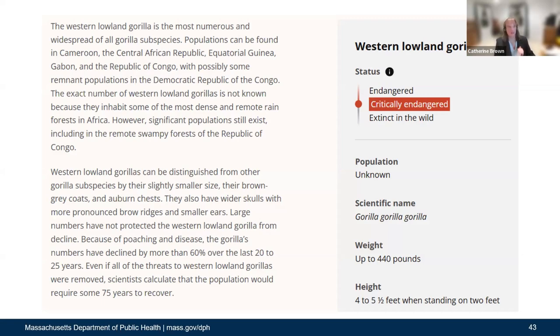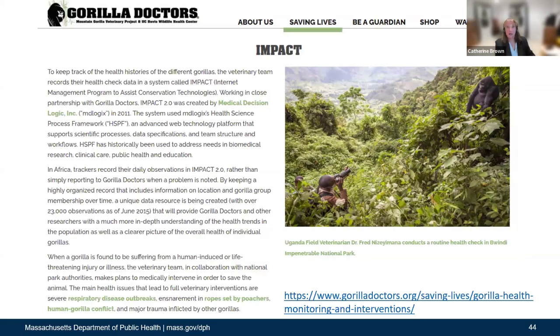Anyway, critically endangered, right? But because they're critically endangered and because humans have such an affinity for so many different species of animals, there are different groups that actually work with these gorillas to try to protect them. They provide a lot of veterinary care. There's a whole lot of behavioral research that happens as well.